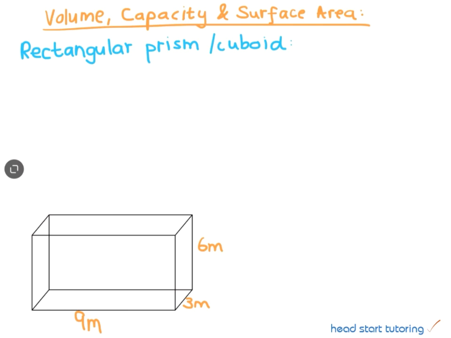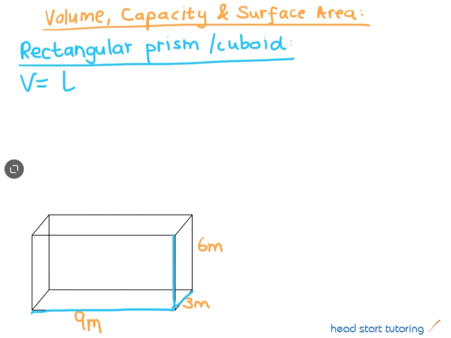When we are working out the volume, capacity and surface area of a rectangular prism or a cuboid, we need to follow slightly more careful steps in working out these three measurements. So if we're working with the volume of a rectangular prism or cuboid, we need to multiply the length by the height and then by the depth.